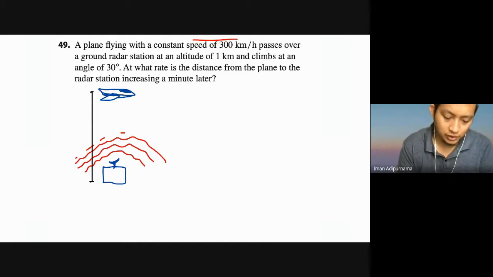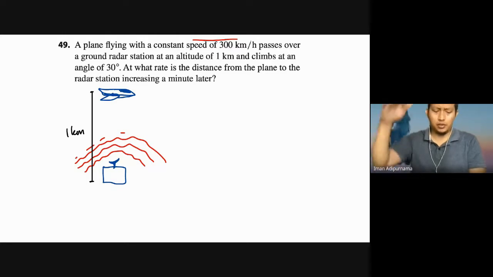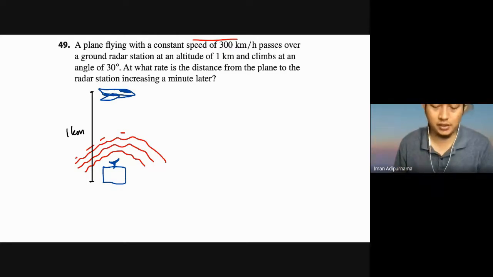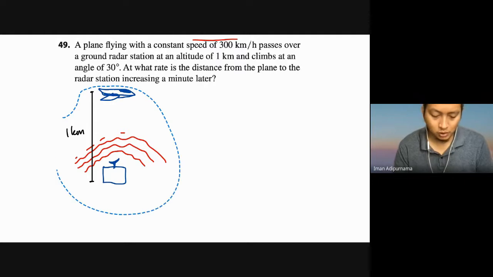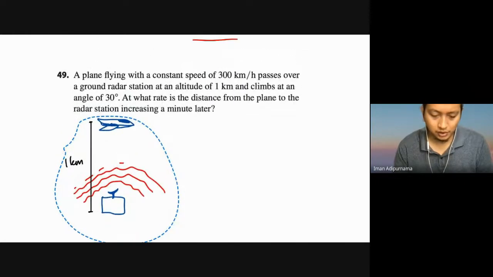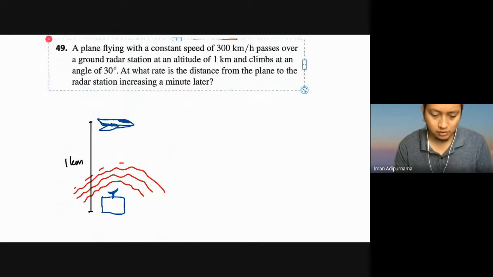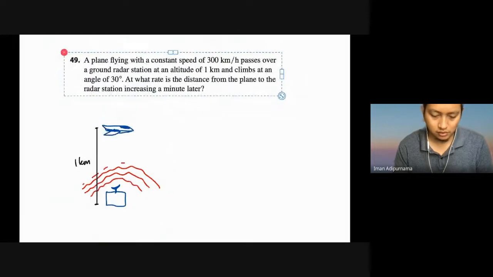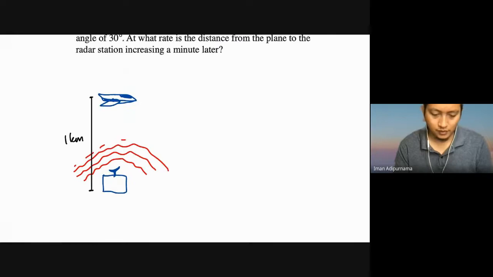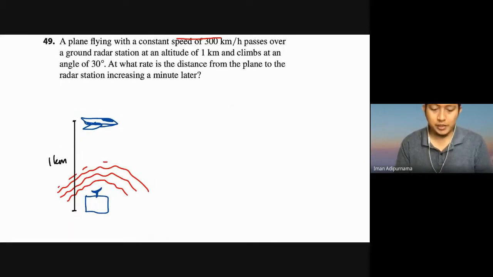So this will have 1 kilometer altitude, which is quite nearby in terms of airplane, right? Or maybe I will make it a little bit lower, maybe here. Okay, and then passing over.